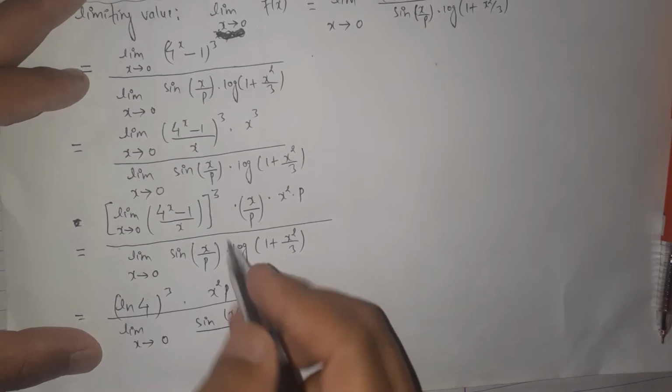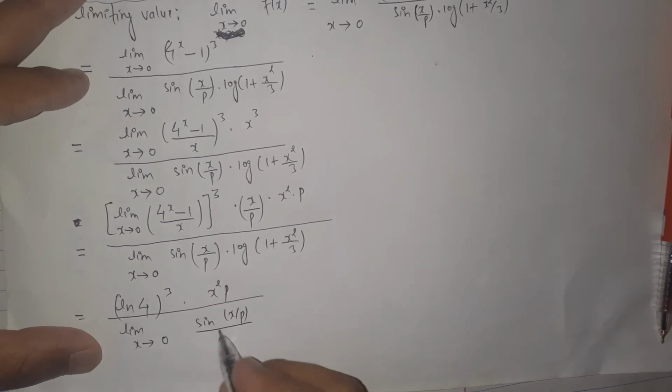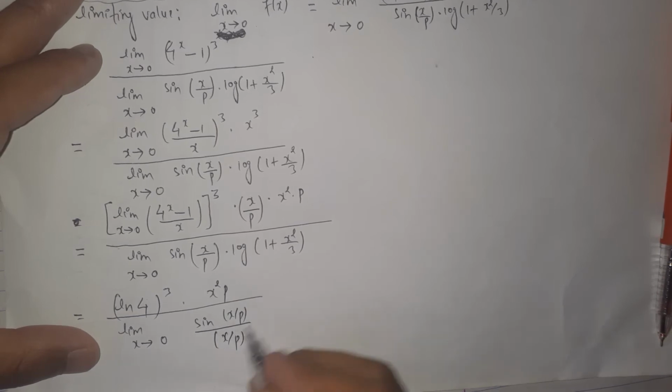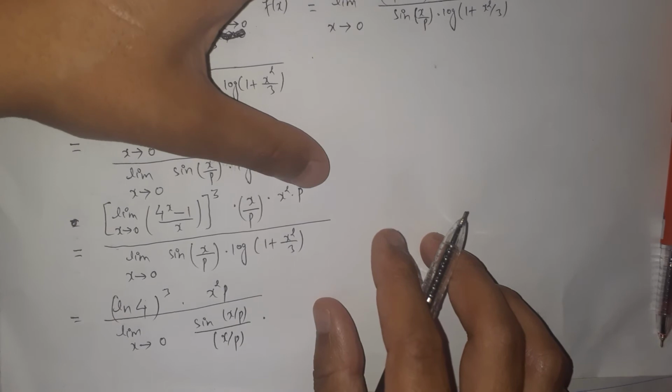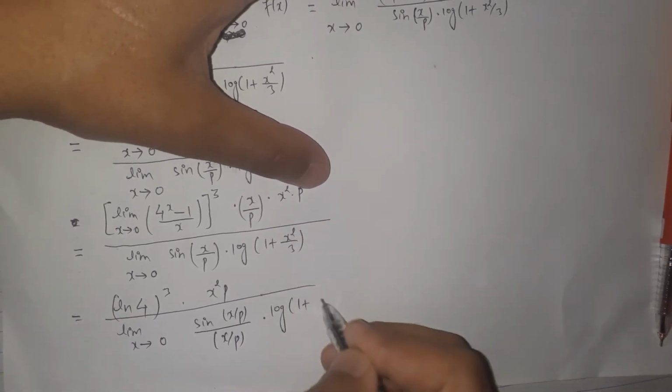Here I am going to shift this x over pi to the denominator of this sine function. We can write it by the concept of fractions, because we have the formula on the limit of trigonometric functions. And this can be written with the log 1 plus x square over 3.